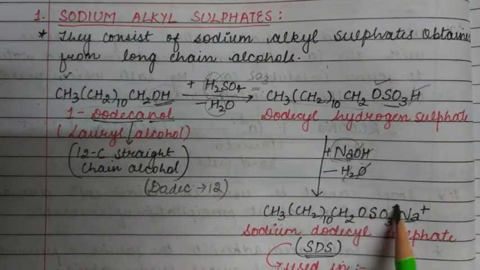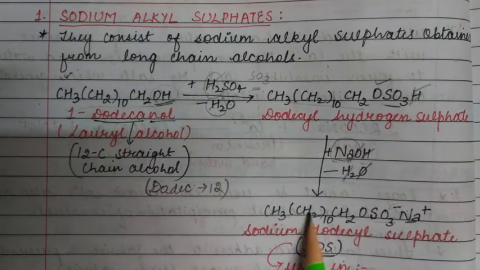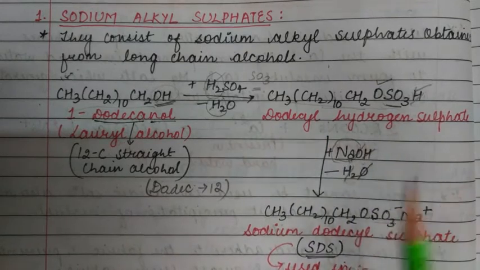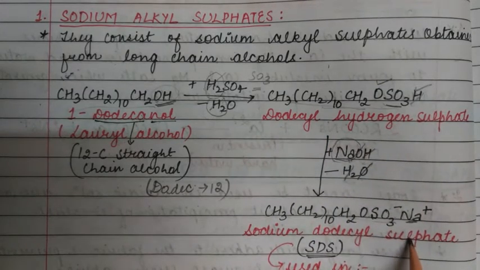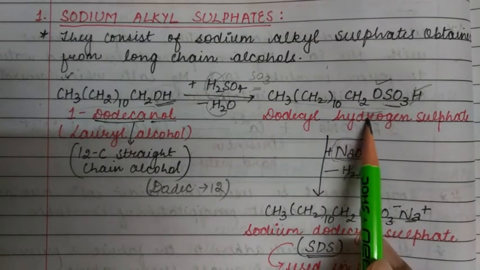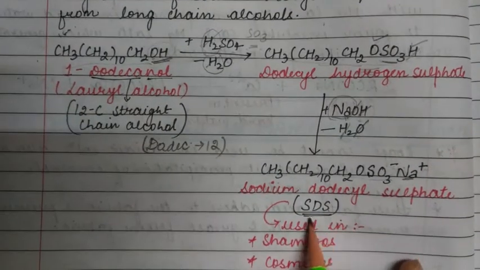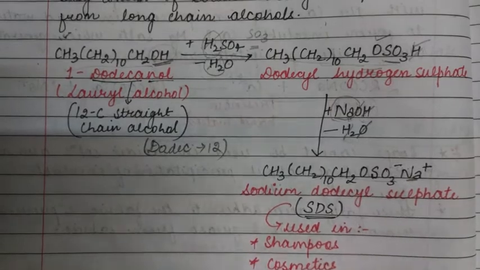Right? Here negative, here positive. Rest is same. This is dodecyl hydrogen sulfate and this is sodium dodecyl sulfate. Hydrogen is not written in this because we added sodium and removed hydrogen. This is in short called SDS and it is used in shampoos and cosmetics.